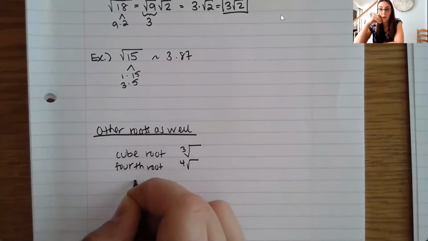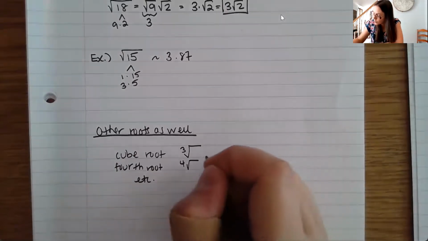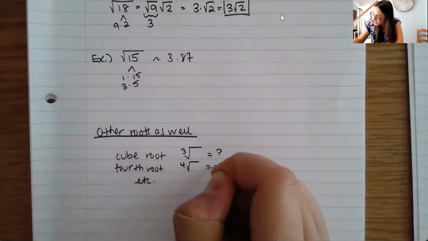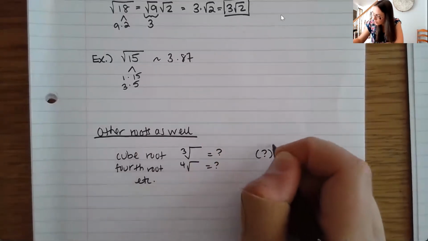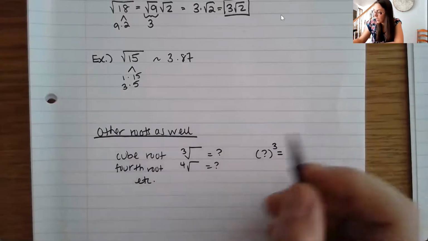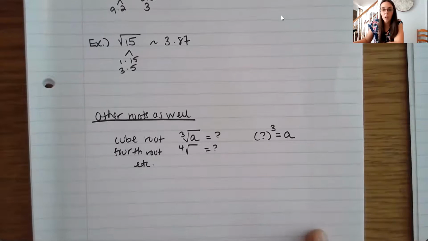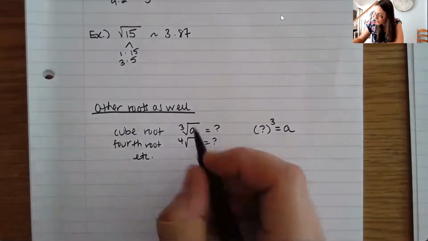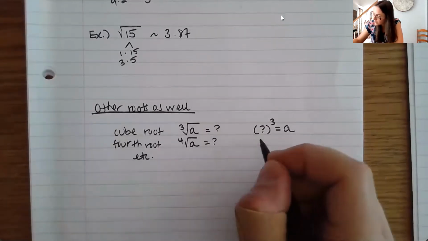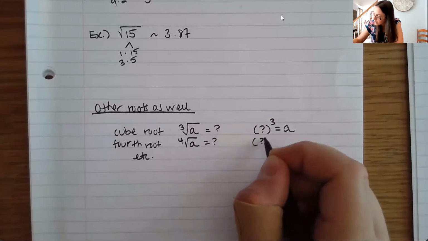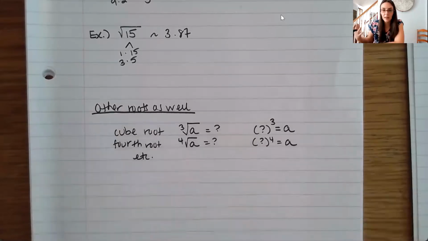You can do as much as you want to here. And so what you're looking for here for your answers is a number such that when you cube it, you get the result. So let's say I want the cube root of a. Well, I'm looking for the number that when I cube it, I get a. Or if I want the root with a 4 here, then I'm looking for the fourth power instead.